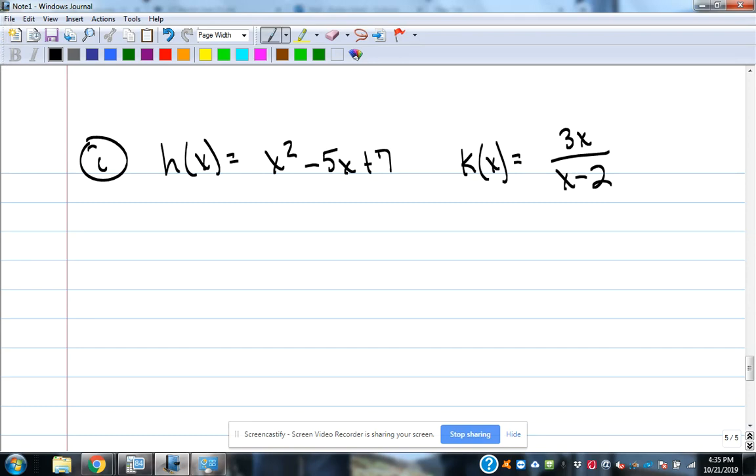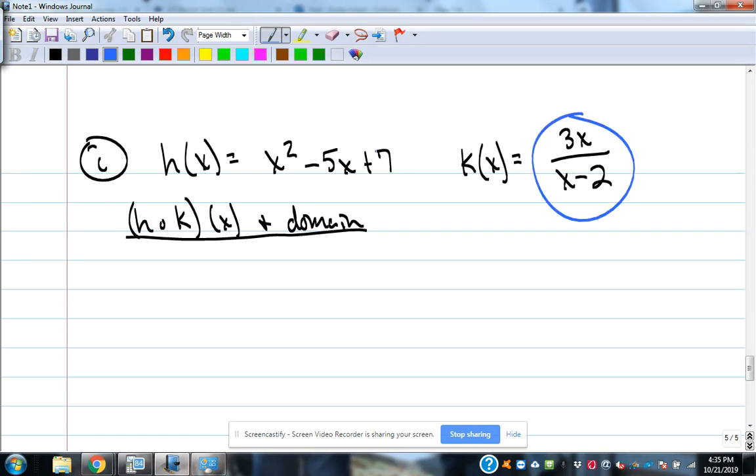All right, so this one, let's find h composed with k and the domain. So h composed with k means we're taking this and putting it in for x in that function.